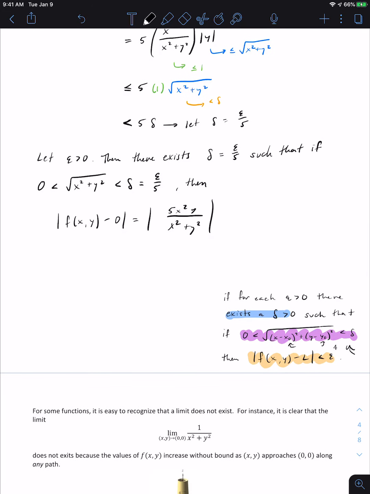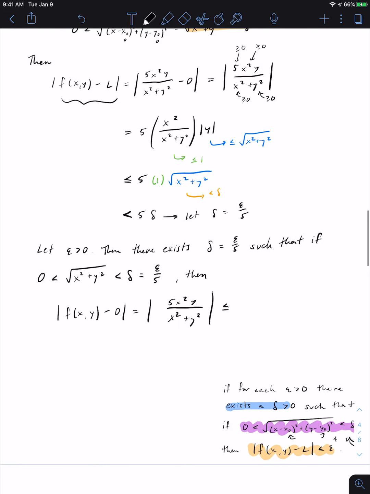We said that this was less than or equal to 5 times the square root of x squared plus y squared, by all this work up there. But the square root of x squared plus y squared is less than delta, which is equal to epsilon over 5, so I can say less than 5 times epsilon over 5, but epsilon over 5 times 5 is epsilon.